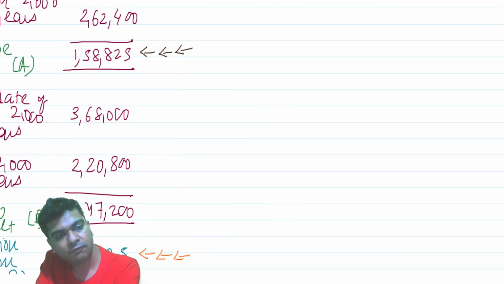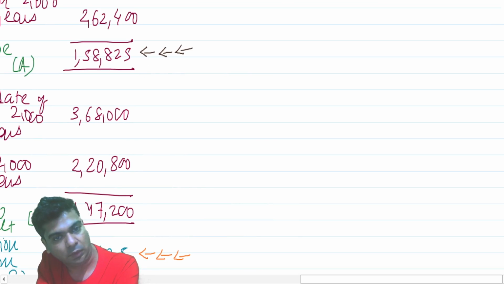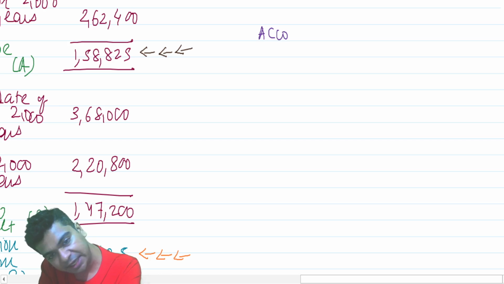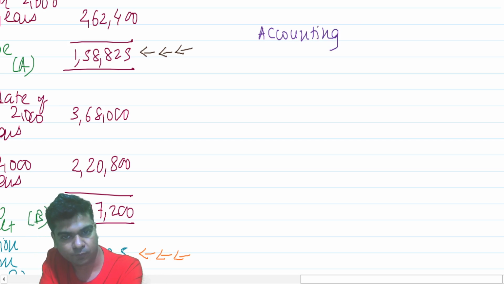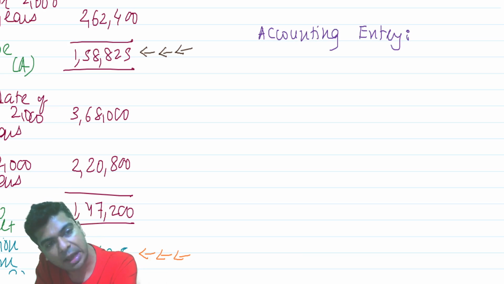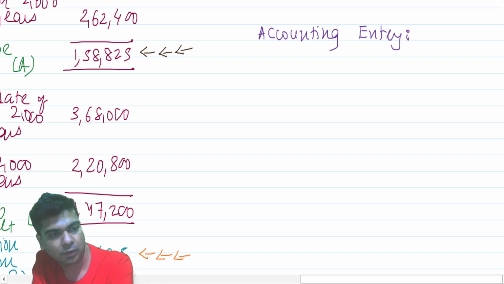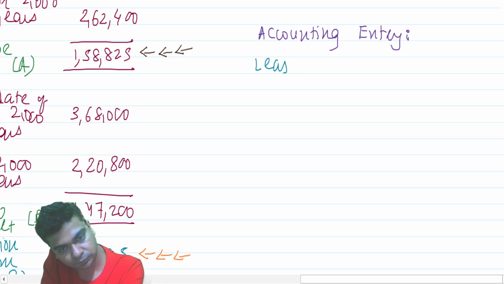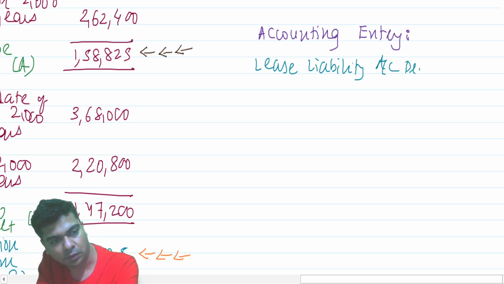So finally, to wrap it up, we can put our accounting entry. Lease liability is reducing. So lease liability account debit, 1,58,825.